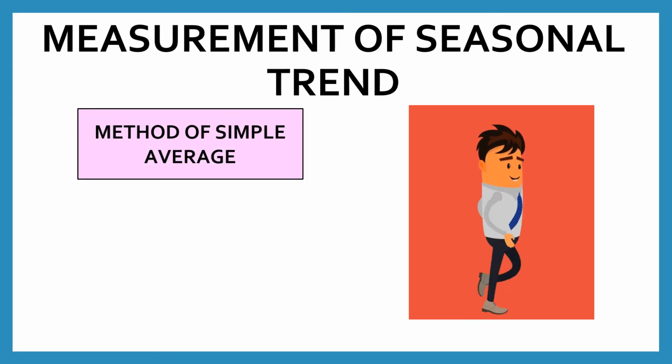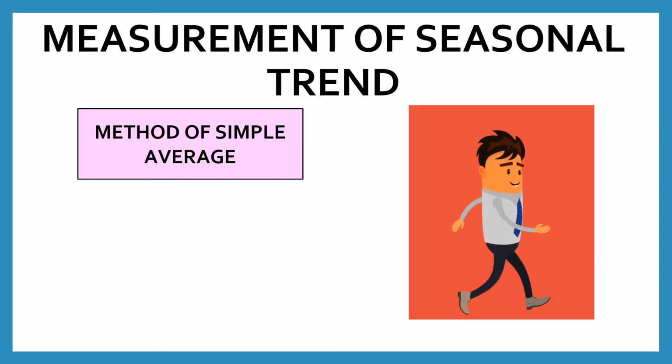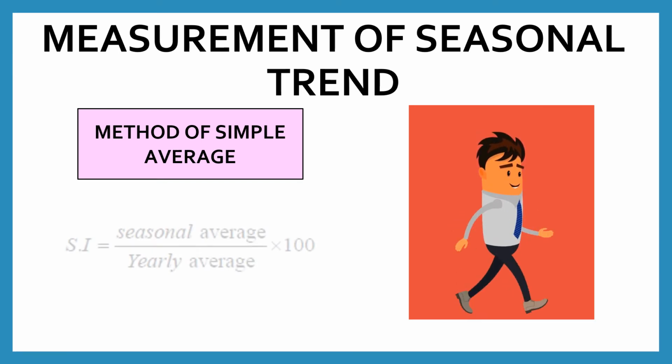Method of simple average. This method is the simplest of all methods of computing the seasonal indices in a time series. Under this method, a specific season index for any particular season is computed by the following model.